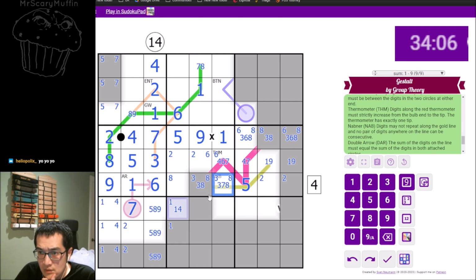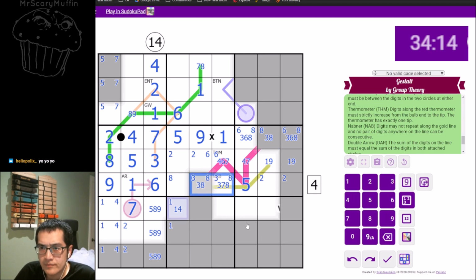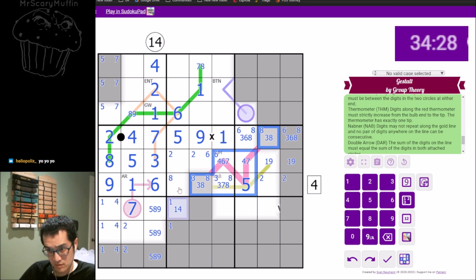Is there a way we can make this a 9, or is this always going to be a 1? If this is a 3, this is a 7. 3, 4, 5, 7, 8. This becomes a 7, this becomes an 8. Ooh. Is that a problem?